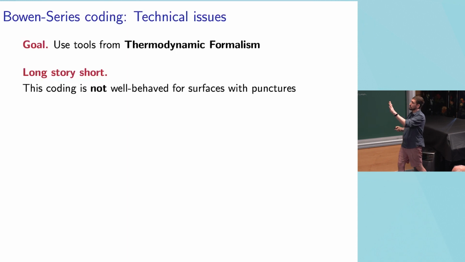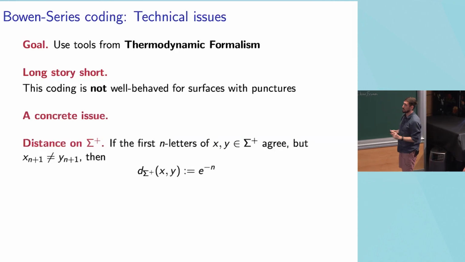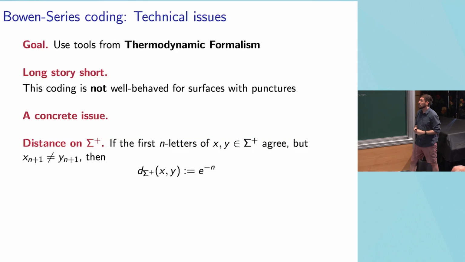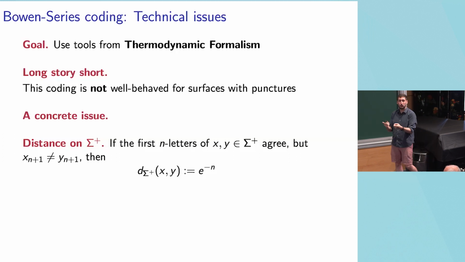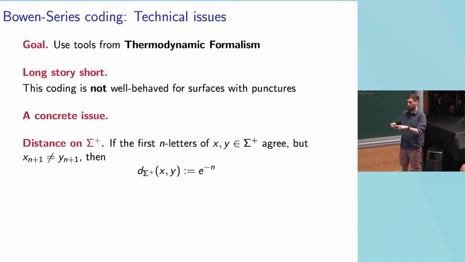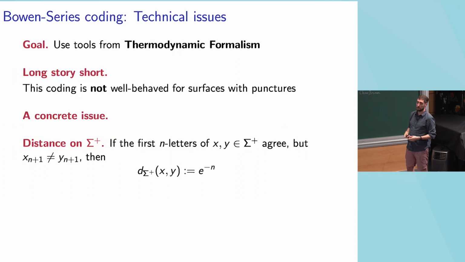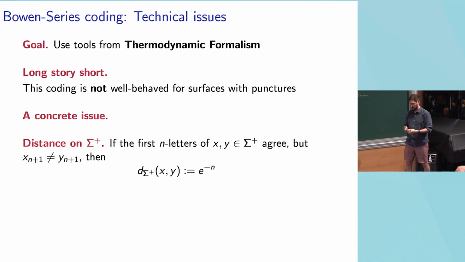I'm going to leave this statement mostly vague, but I want to give a concrete issue. Okay? So this space sigma plus, this shift, is a metric space. What's the metric? I take two words. If they agree on the first n letters, but then the n plus first is different, I say that they're at distance e to the minus n. Okay?